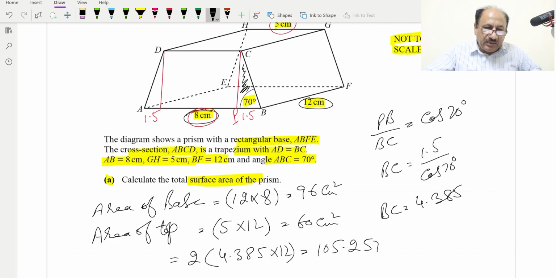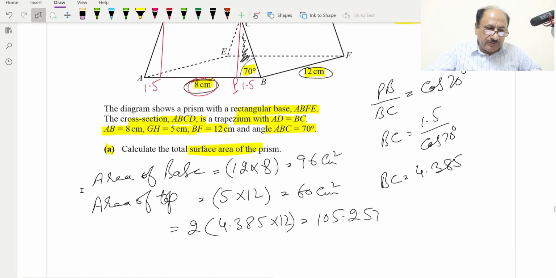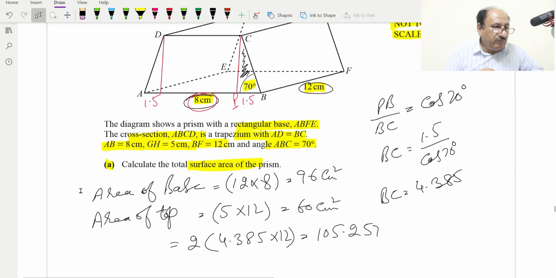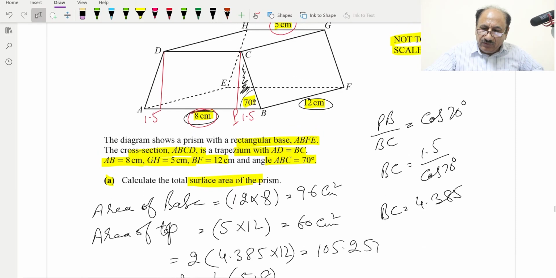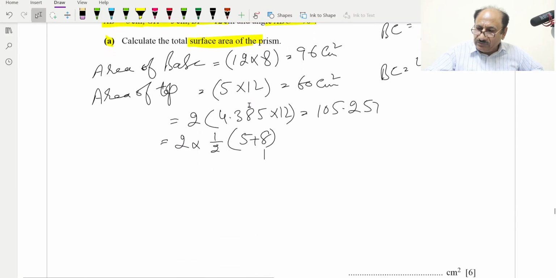Now the remaining side is the cross section side, and what will that be? The trapezium formula we will be applying, that will be 2, basically half. 2 will be for both sides, multiplied by the area of trapezium, half into A plus B into H, and A plus B is 5 plus 8, which is 13, into H, and H value is PC. PC value we don't have, we have to calculate PC value.